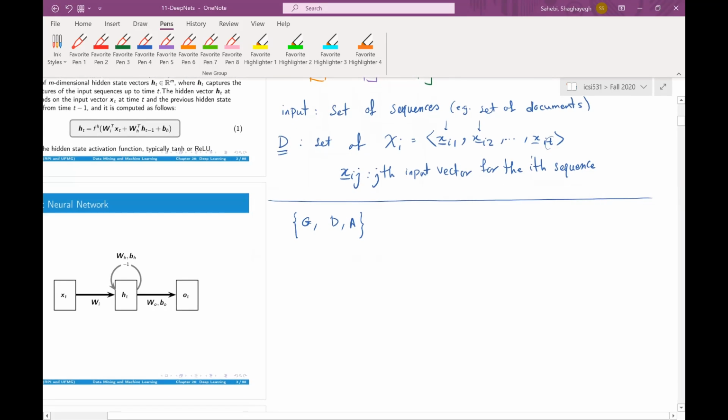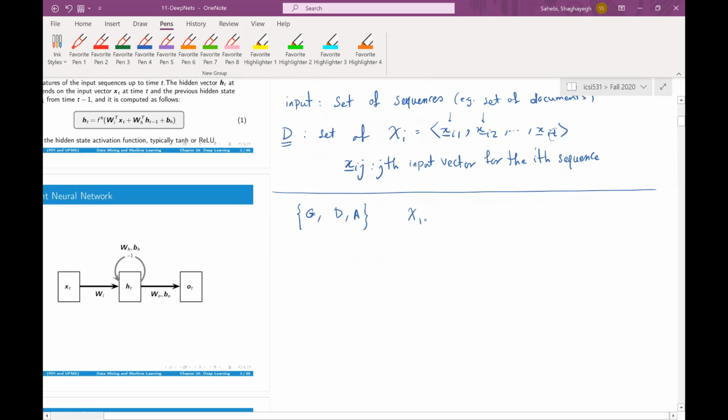You have sequence X1, which is GGDA. You have sequence X2, which is DGA. And you have sequence X3, which is AGD. Okay?